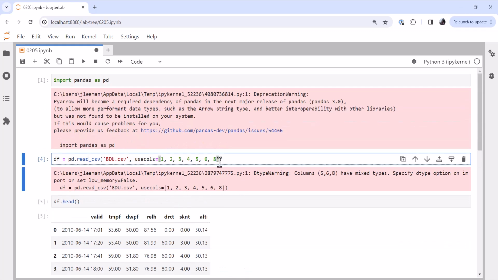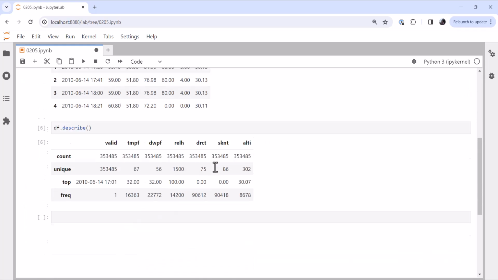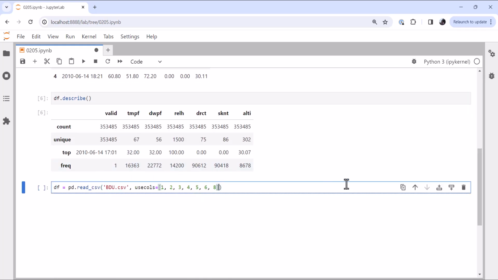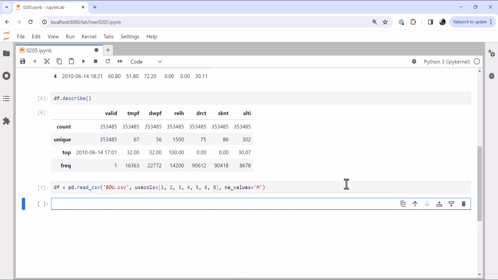So I'm going to copy my read statement from before, and I'm going to start out by saying, well, I know that my missing values were marked with M. I don't know if they're marked with anything else. Some data sets have multiple missing markers. But let's start with this.